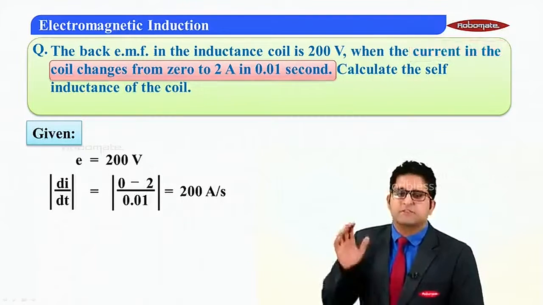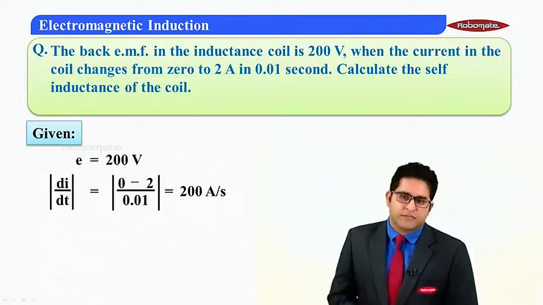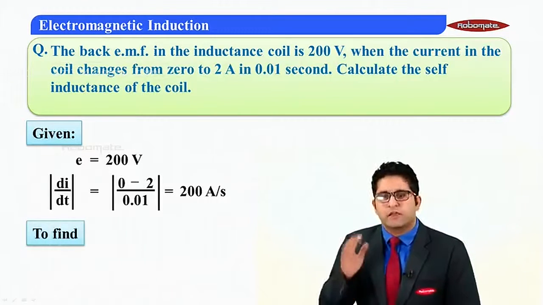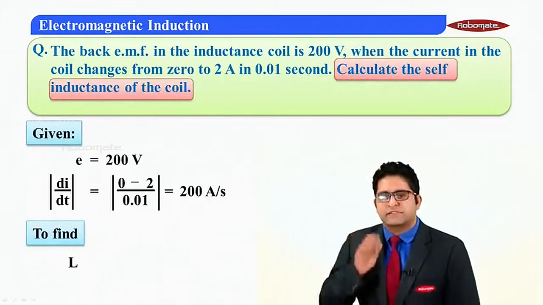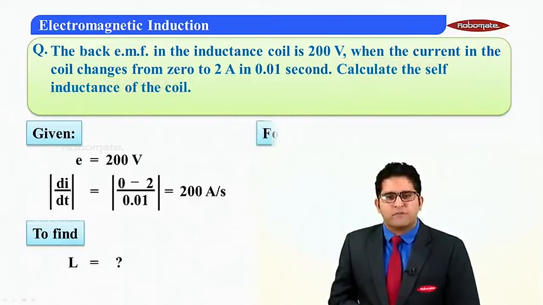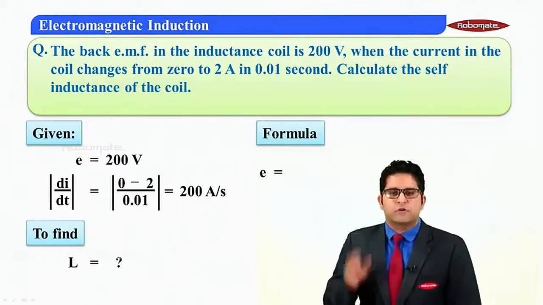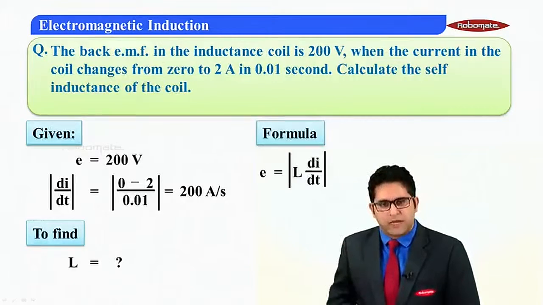If you calculate this, it will come out as 200 ampere per second. What are we supposed to calculate? Here we are supposed to calculate self-inductance, that is capital L. And the formula that we'll be using is E equals mod of L di by dt.